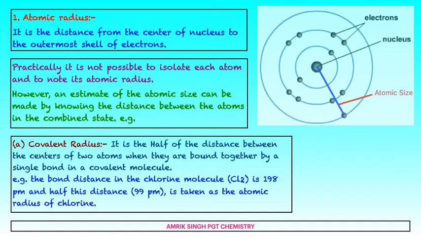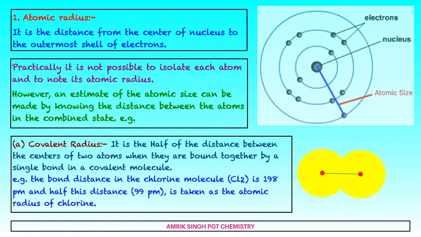For example, bond distance in chlorine molecule Cl2 is 198 picometer, and half this distance, 99 picometer, is taken as the atomic radius of chlorine. Let us have the explanation. We have one chlorine atom, second chlorine atom, they are overlapping and forming Cl2 molecule.